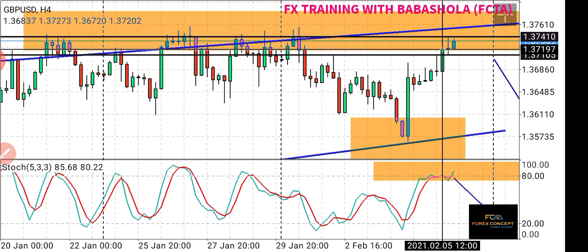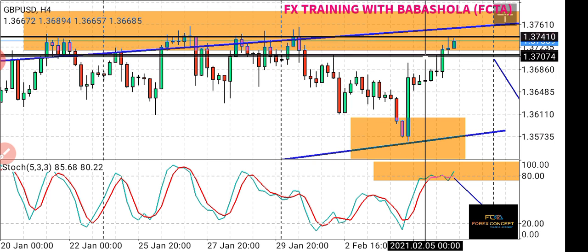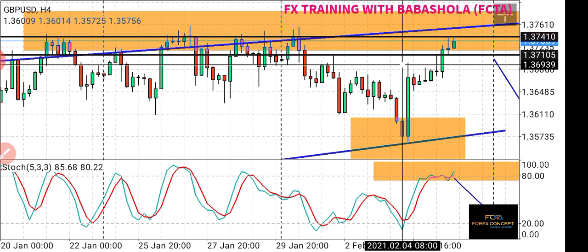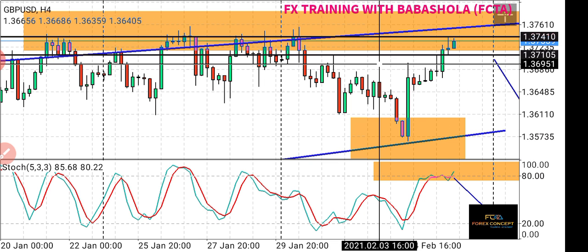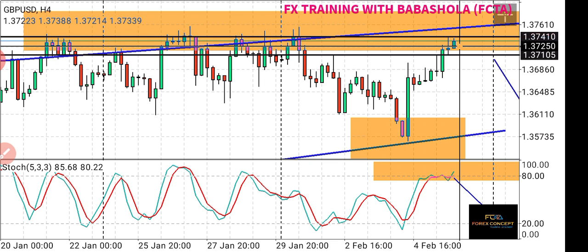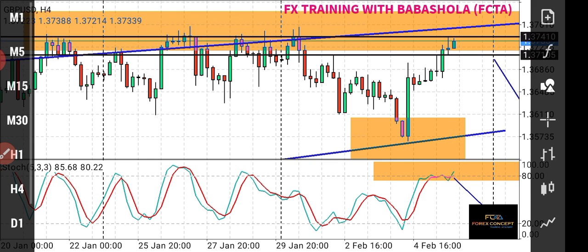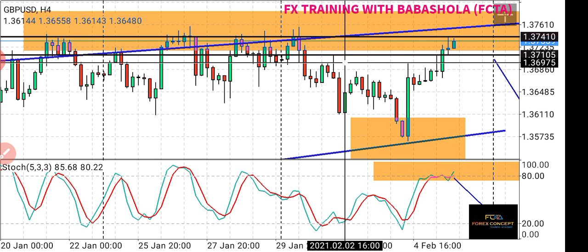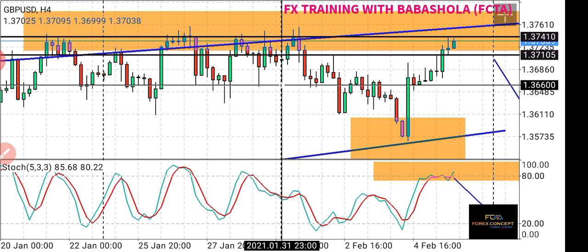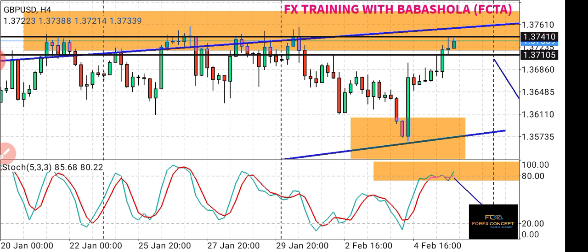The second recent candle here formed a spinning top. It touches the resistance and then pulls back, and you can see the latest candle too is about to touch it. So this is a very good indication that price cannot break above 1.37410. So we are going to be looking for a sell opportunity.